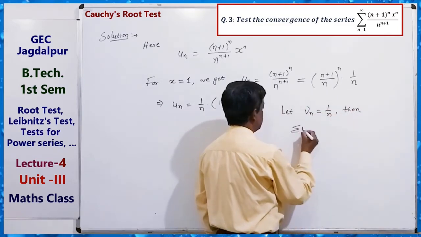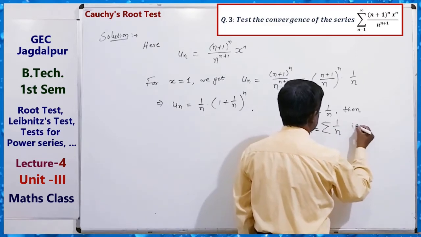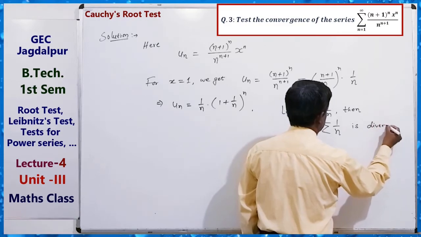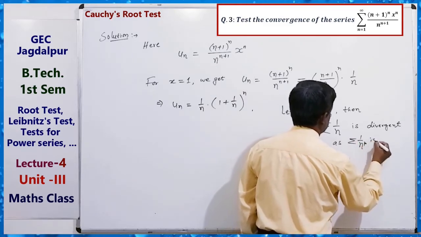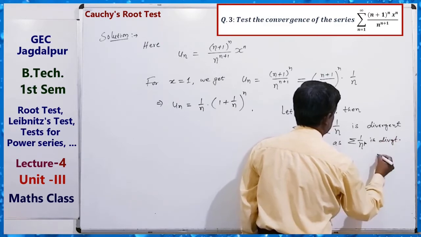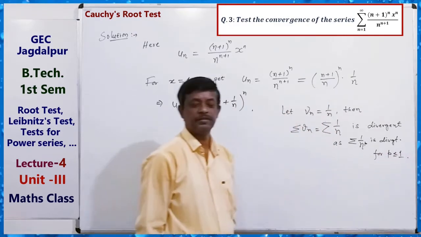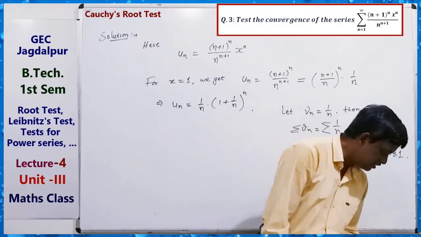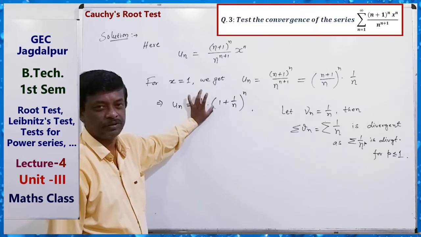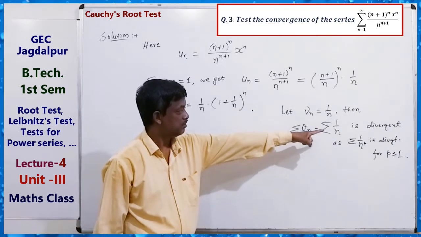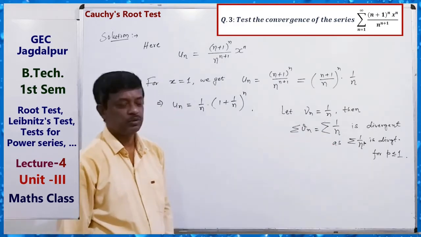Then the summation of vn, the sum of 1 upon n, is divergent, as the sum of 1 upon n to the power p, the p series, is divergent for p less than or equal to 1. Here p equals 1. So vn is divergent.